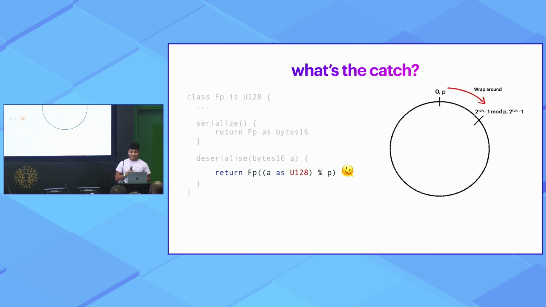As he said, if you look carefully, the wrapping around and this deserialization is a problem, because there are some numbers which are bigger than P, but once you do the mod operation, it wraps around. So there are some small numbers which have two different representations in uint128. There are multiple ways to fix it.